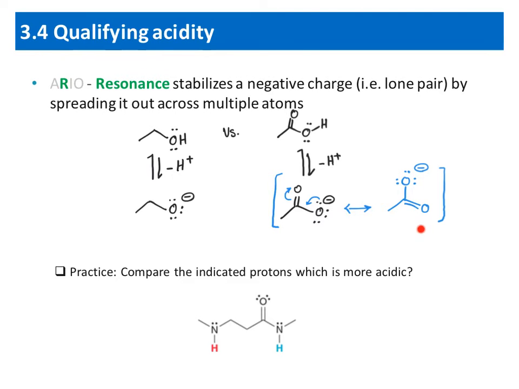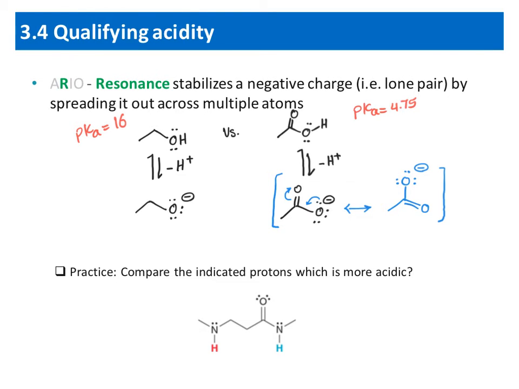Therefore, the negative charge is more stable on this anion, meaning that acetic acid is more acidic than ethanol. If we compare the pKa values, the pKa value is 4.75 here, and for alcohol it is 16.